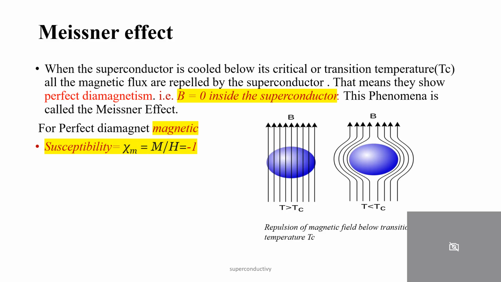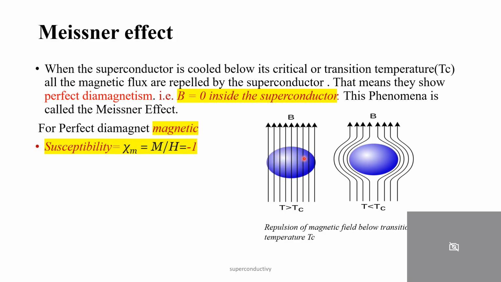And the next effect is the Meissner effect. What is the Meissner effect? When the superconductor is cooled below its critical transition temperature Tc, all the magnetic flux is repelled by the superconductor. In the figure, we can see that these lines are the magnetic lines of force.